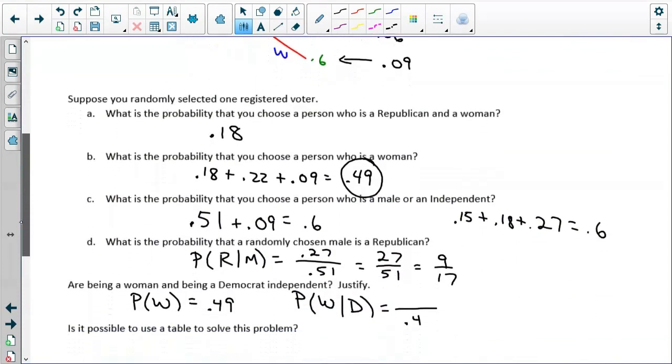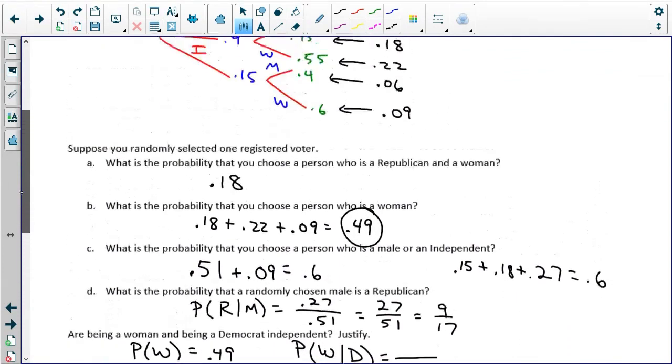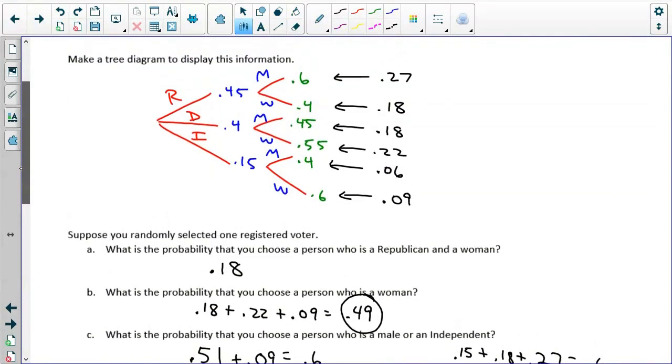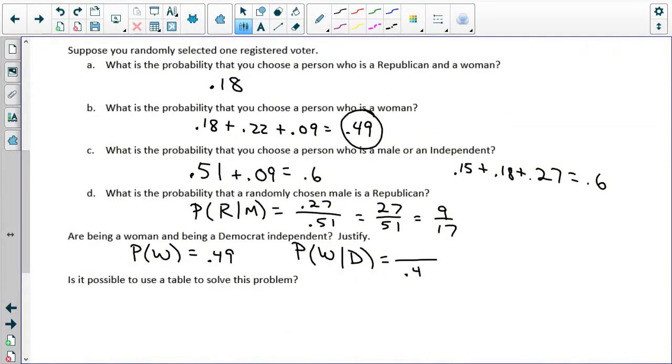And the probability of being a woman and a Democrat, if we look at the chart, was 0.22. So 0.22 divided by 0.4 is 55%. So 55% and 49% are not the same, so they are not independent.